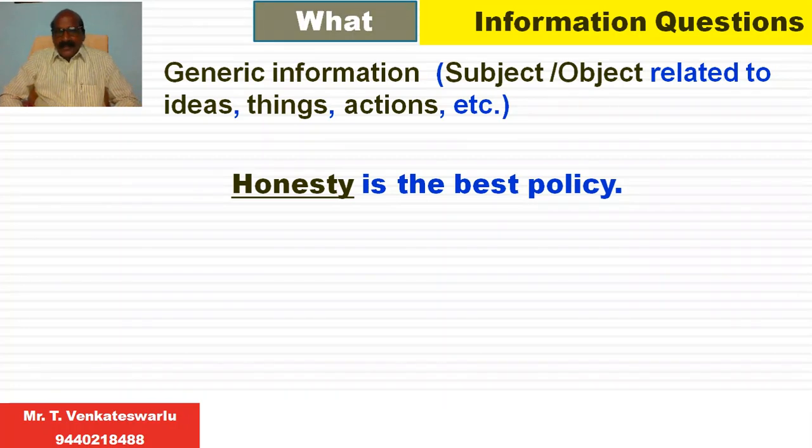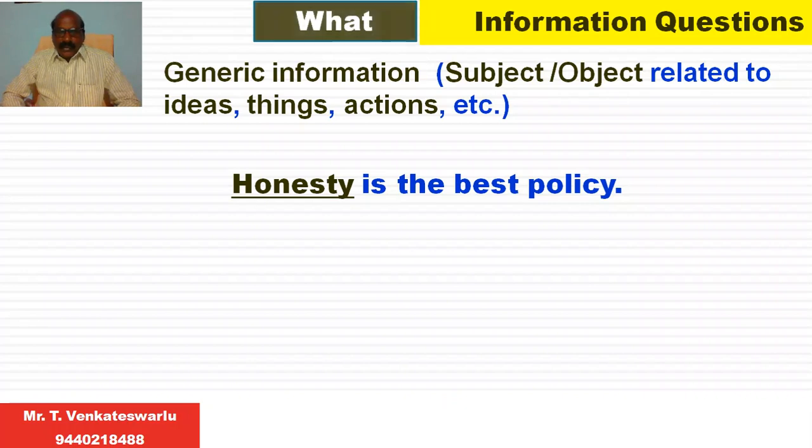Honesty is the best policy. Here the word honesty is underlined, and to get the underlined part as answer, first we should know that the underlined part refers to some idea.